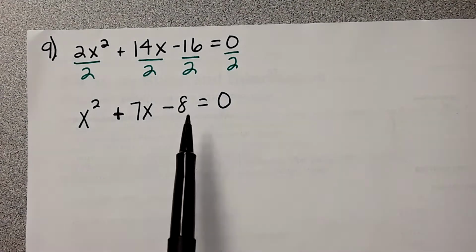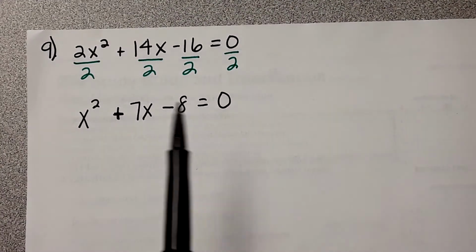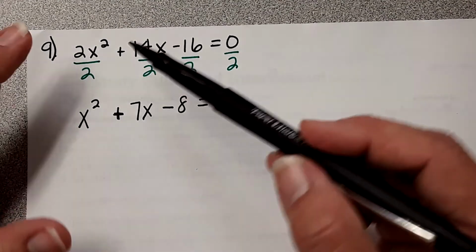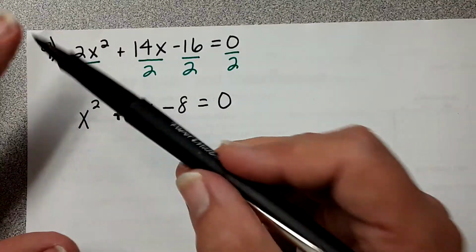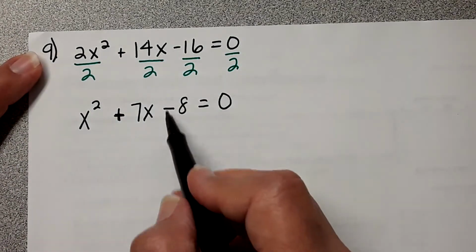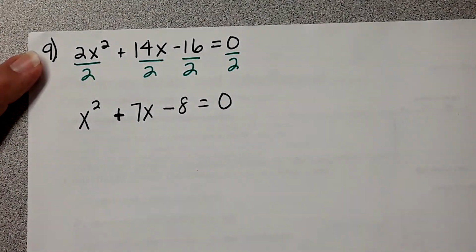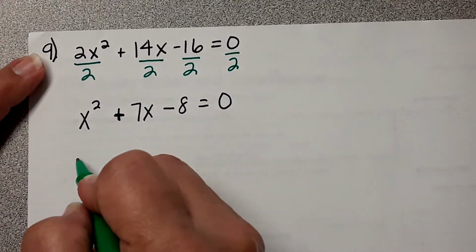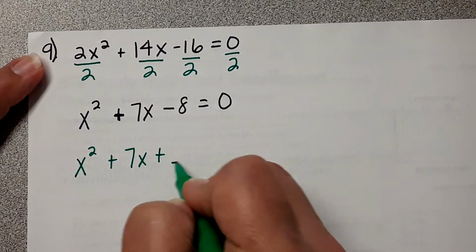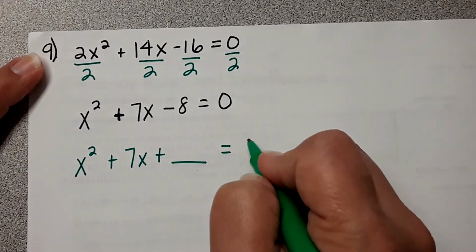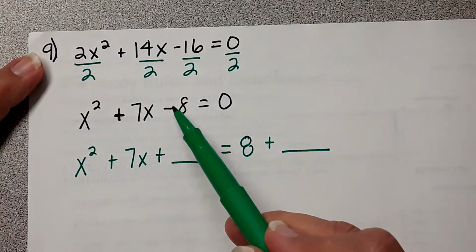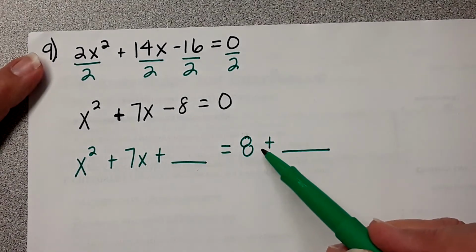Can I take the square root of 8 and double it and get 7? No. So I got rid of the 2 because when you complete the square, your a has to be 1. So now I'm going to move the 8 to the other side. So I'm moving this 8, since it was negative and I put it over here, it becomes positive.